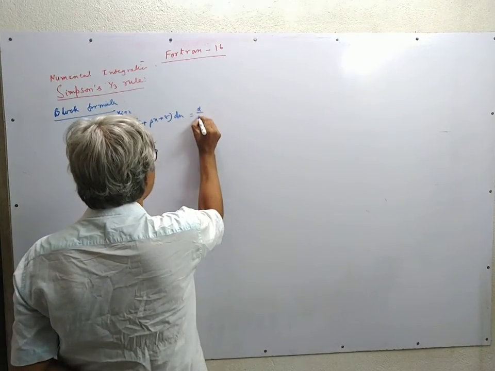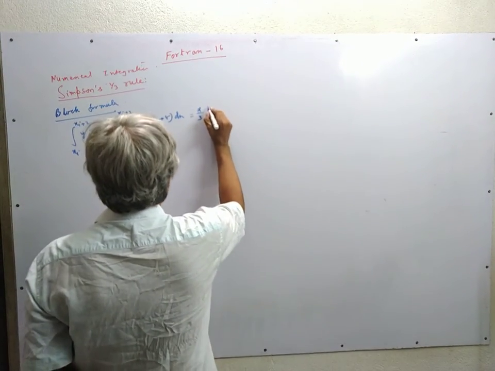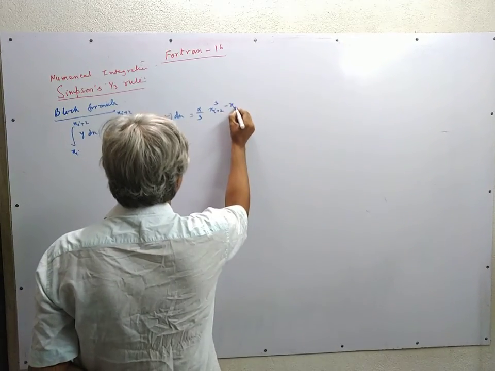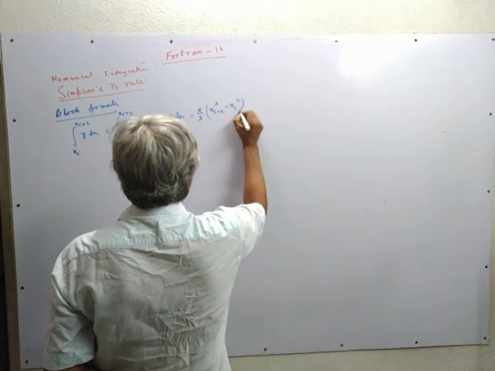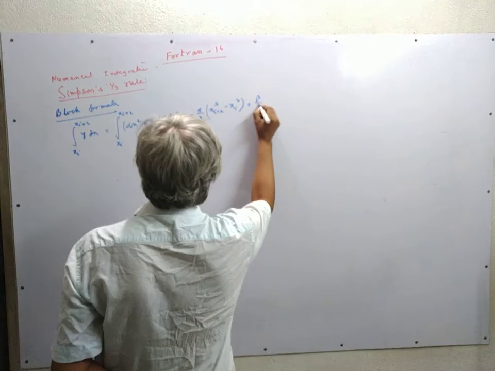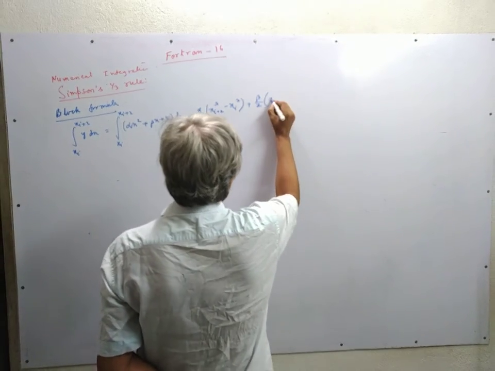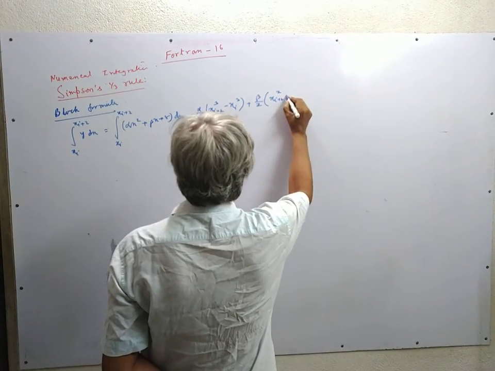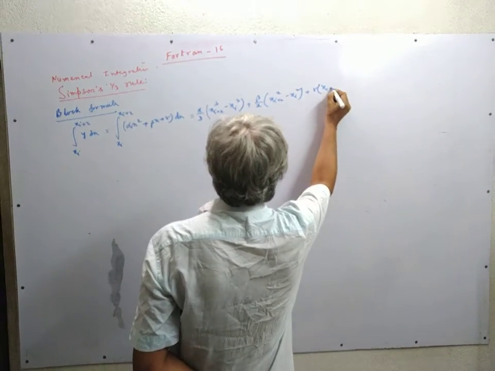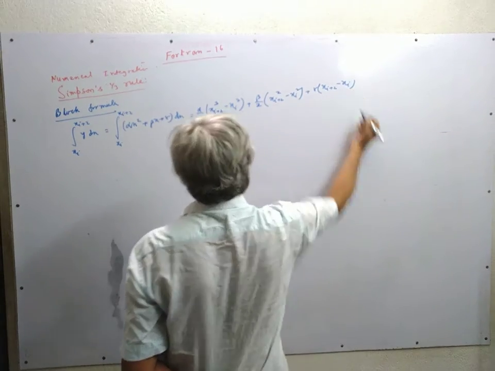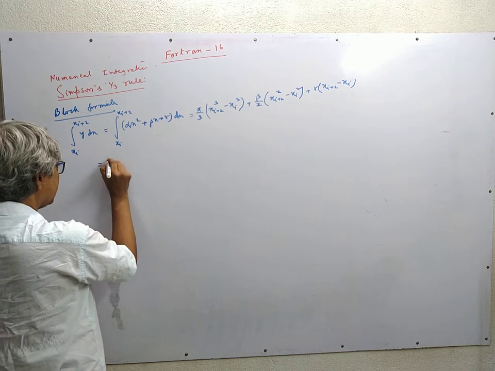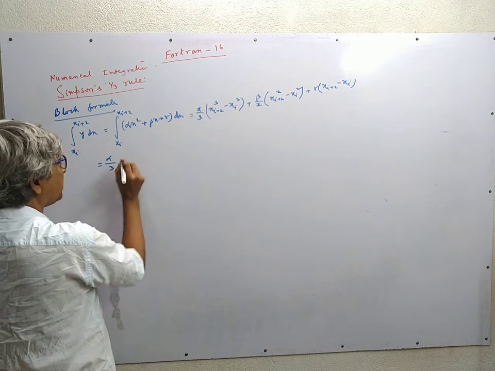This is alpha by 3 (xi plus 2)³ minus xi³, plus beta by 2 (xi plus 2)² minus xi², plus gamma (xi plus 2 minus xi). We write this as alpha by 3.